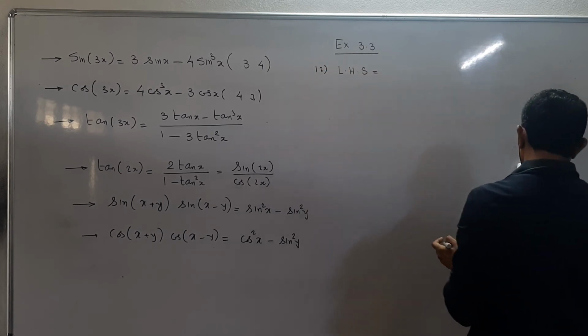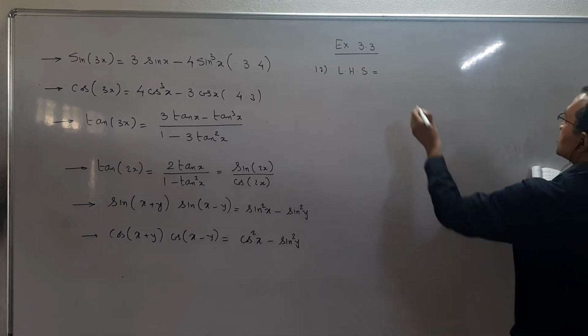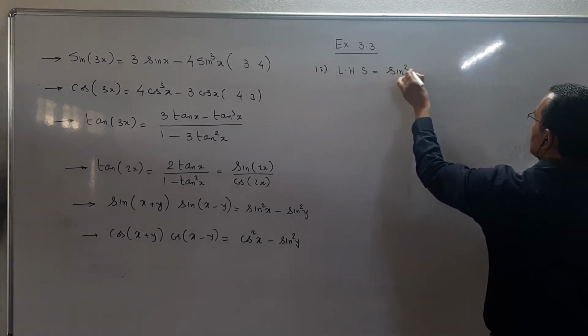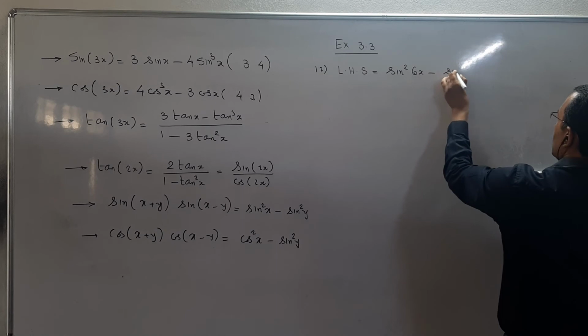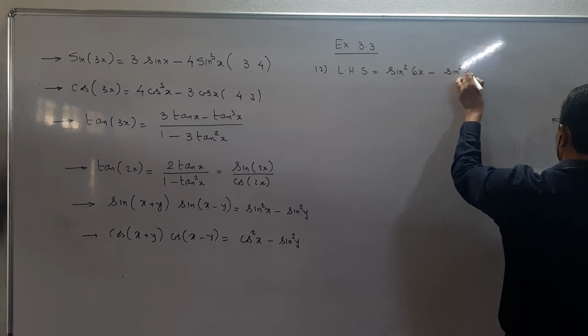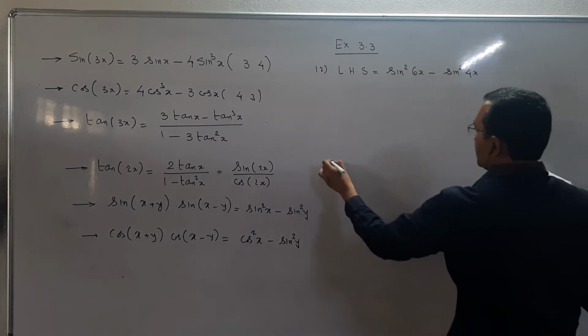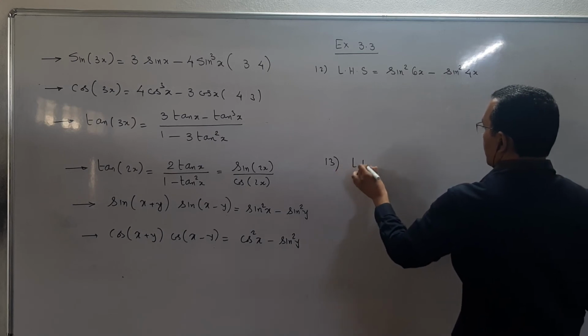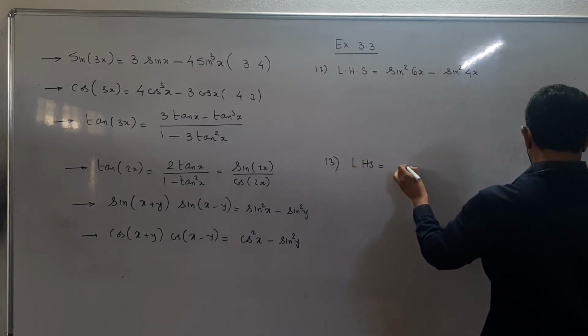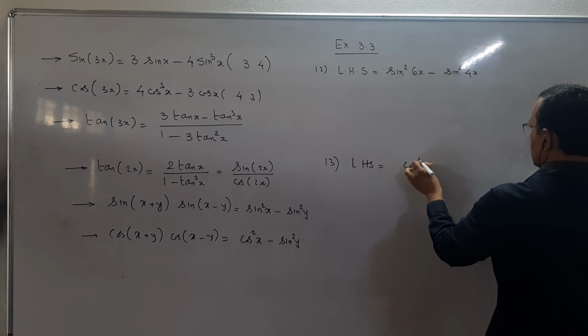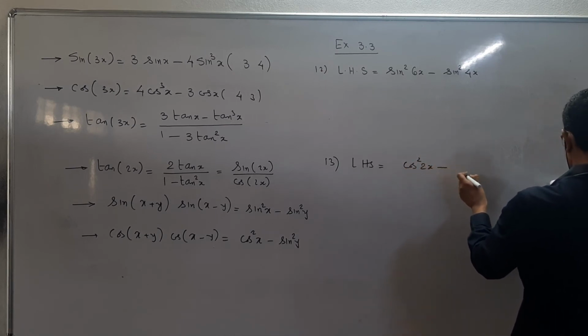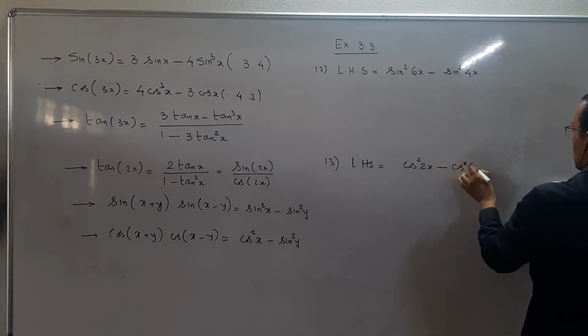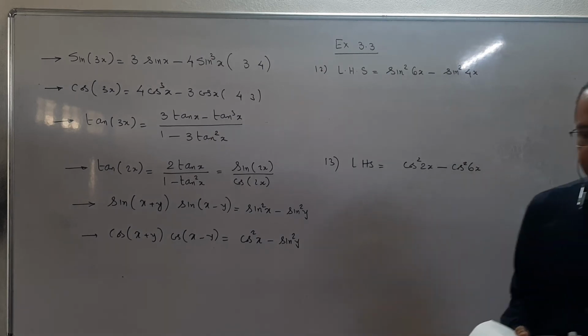So LHS is sin square 6x minus sin square 4x. And 13 sum also I am writing, LHS is cos square 2x minus cos square 6x.